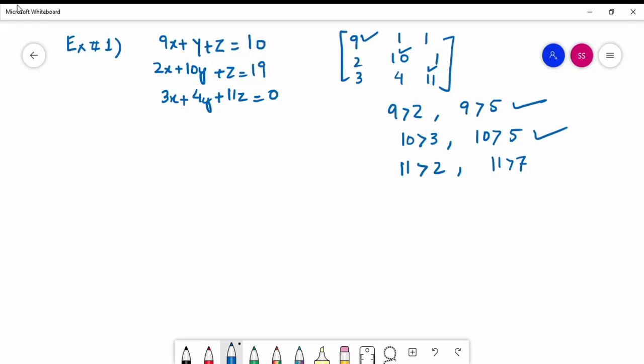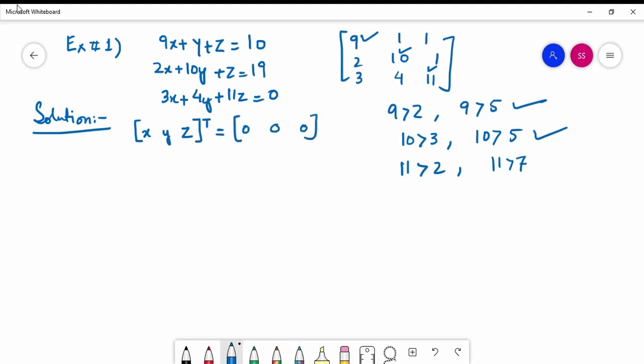So we start our method. First of all we assume an initial approximation. If the initial approximation is not given, then you assume that x, y, z transpose, written as a column vector, is 0, 0, 0.